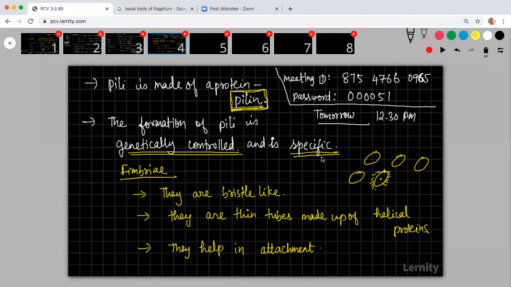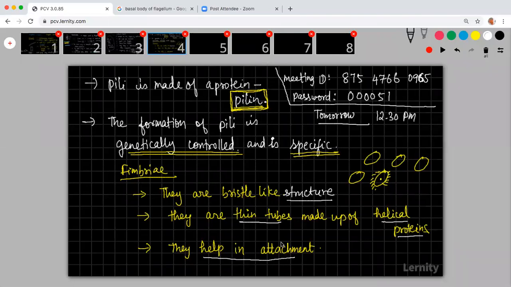Whereas Fimbriae, you might be able to see in all these types of bacteria. So what are they? They are bristle-like structures, like the bristles of a toothbrush. They are made up of thin tubes and some helical proteins. What is their main role? They help in attachment.